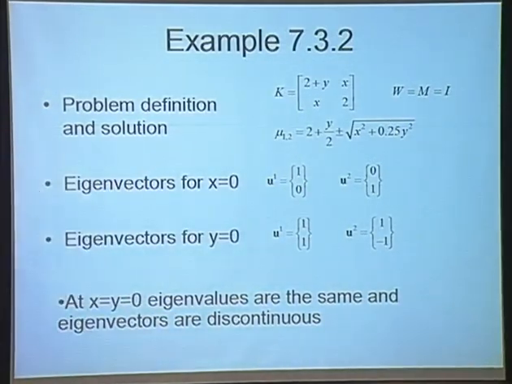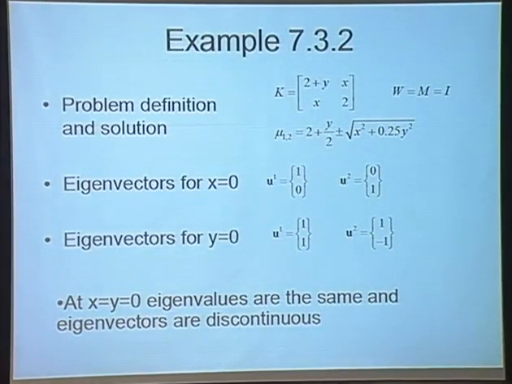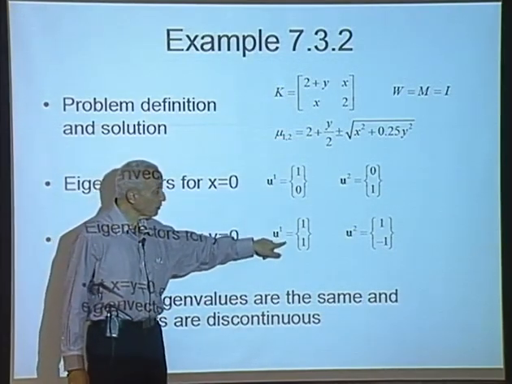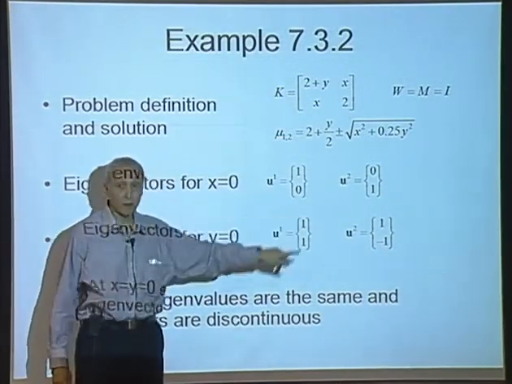On the other hand, for y equal to 0, we will get 2, x, x, 2, and again we will get very well defined eigenvectors that would be (1, 1) and (1, minus 1).